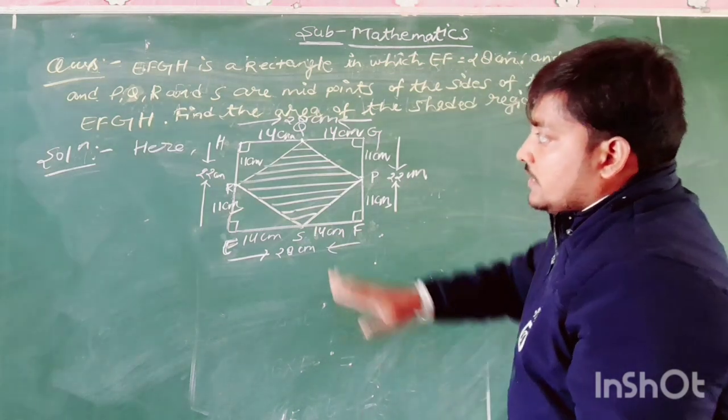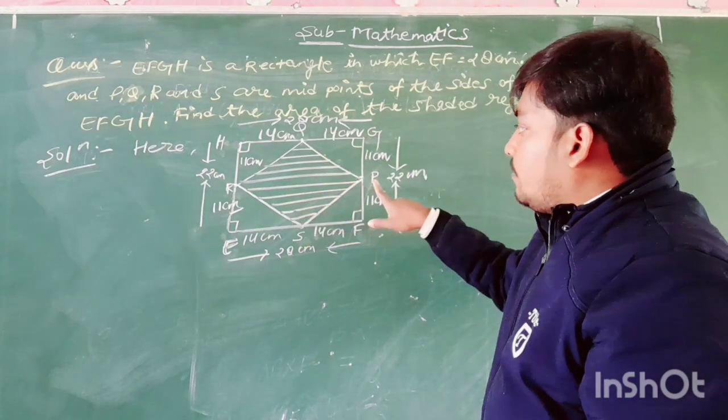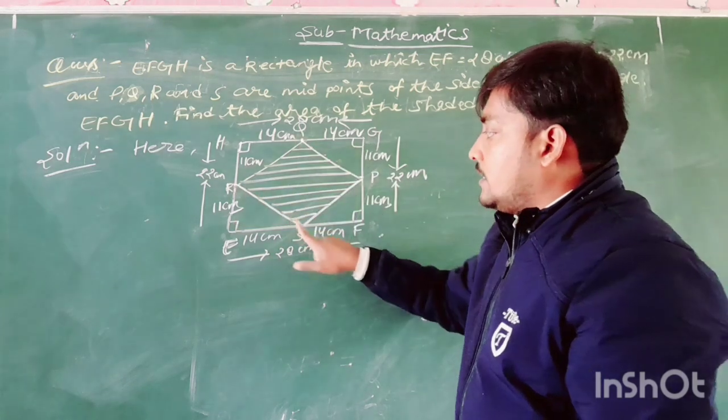So we have to find the area of the shaded region PQRS.